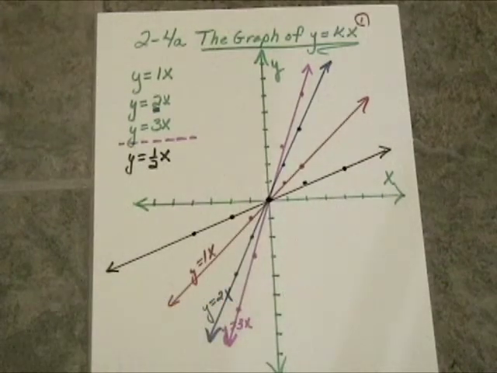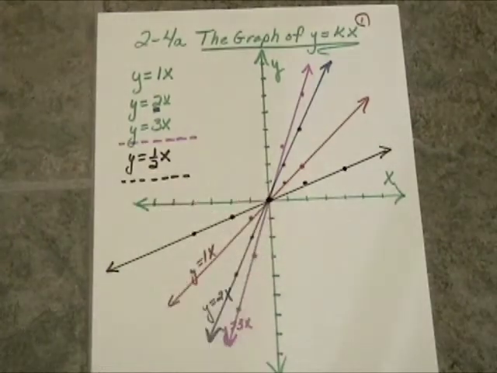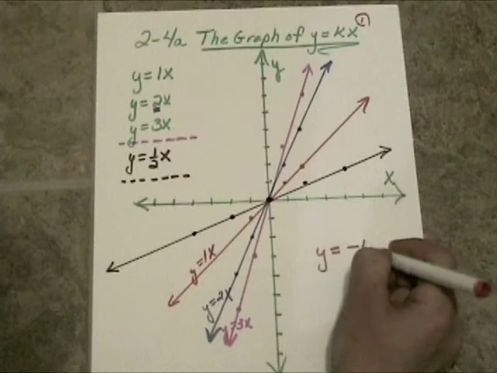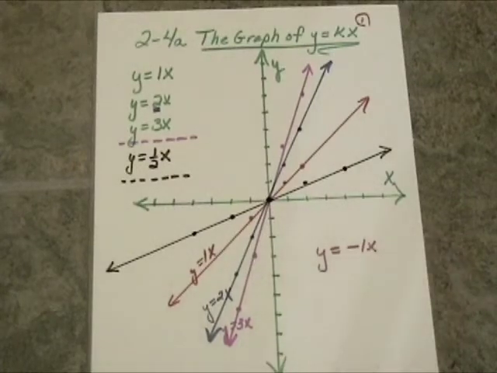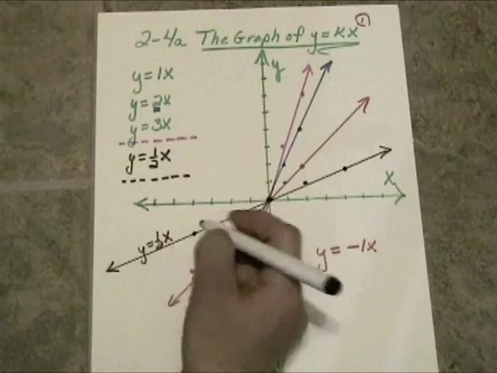Now, let's try a negative. Let's get so small that we actually pass into negative territory. Oh, wait a second. We forgot to label this one. This one was y equals 1/2 x.